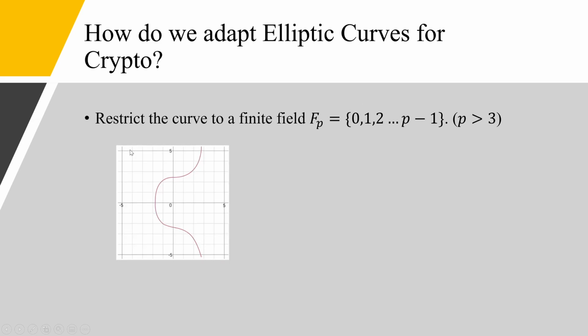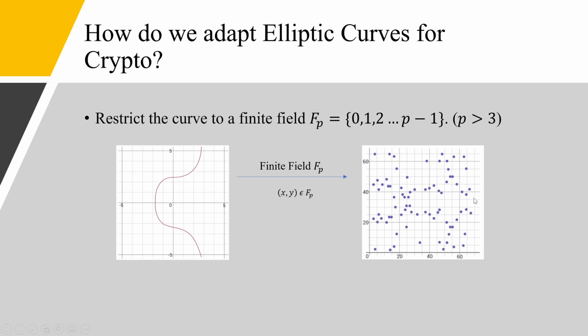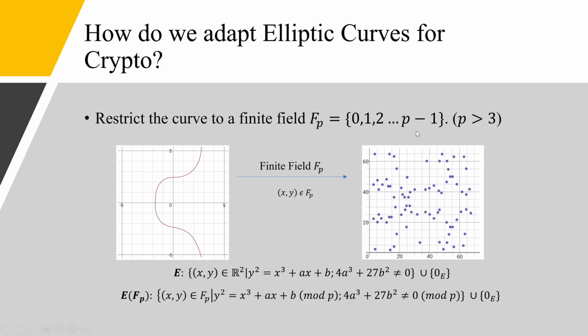So we start with a regular elliptic curve, just like what we have seen, and when we restrict it, we get a set of points that follow this condition: x, y both belong to F_p, and so now we see that we've ended up with a set of discrete points. Each of these x and y are whole numbers, and they satisfy this equation.